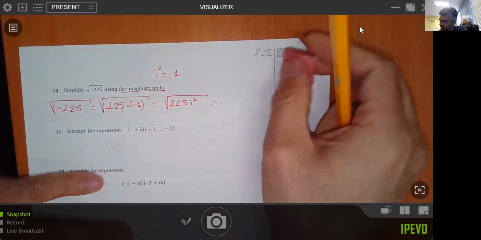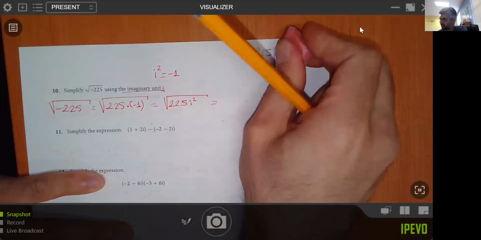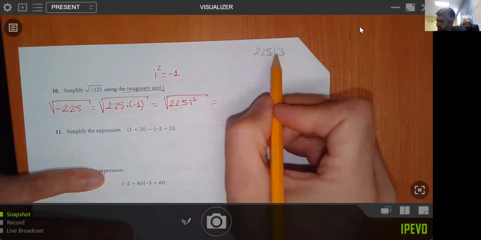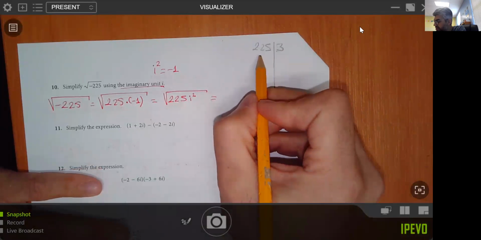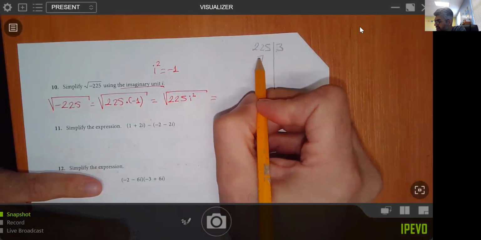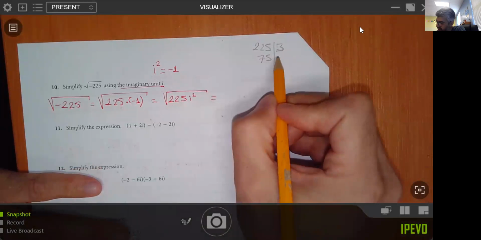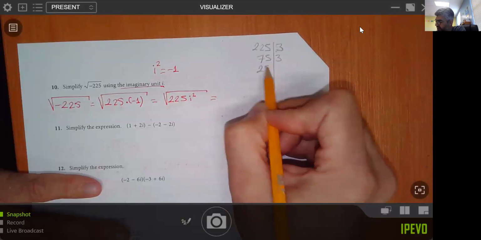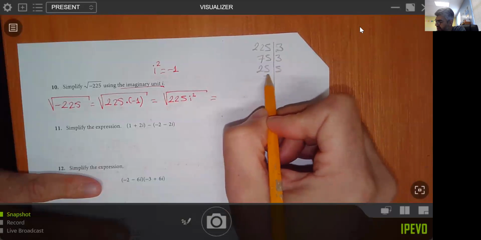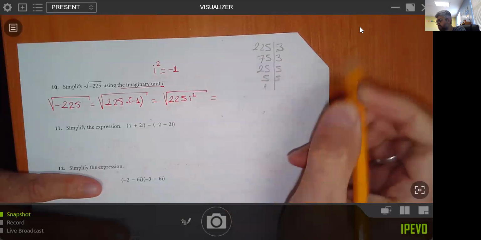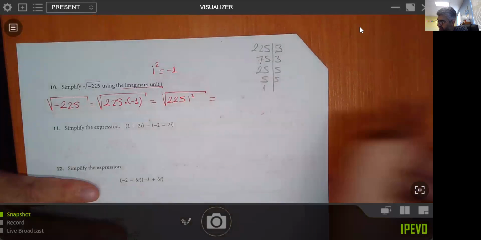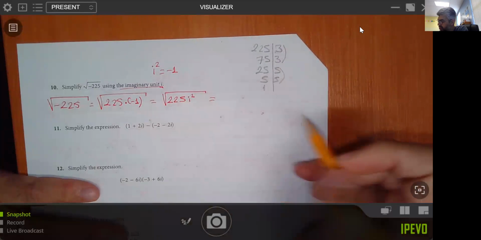Actually, I can start with 3, since the sum of the digits is 9. If I divide this by 3, I will have 75. If I divide this by 3, I will have 25. Divide by 5, 5, 5, 1. Yes, it is 15 squared.